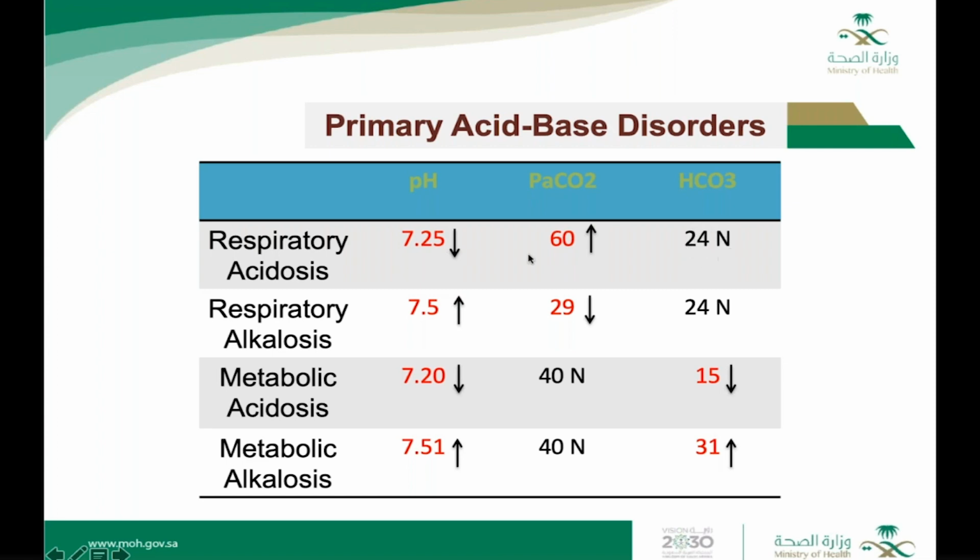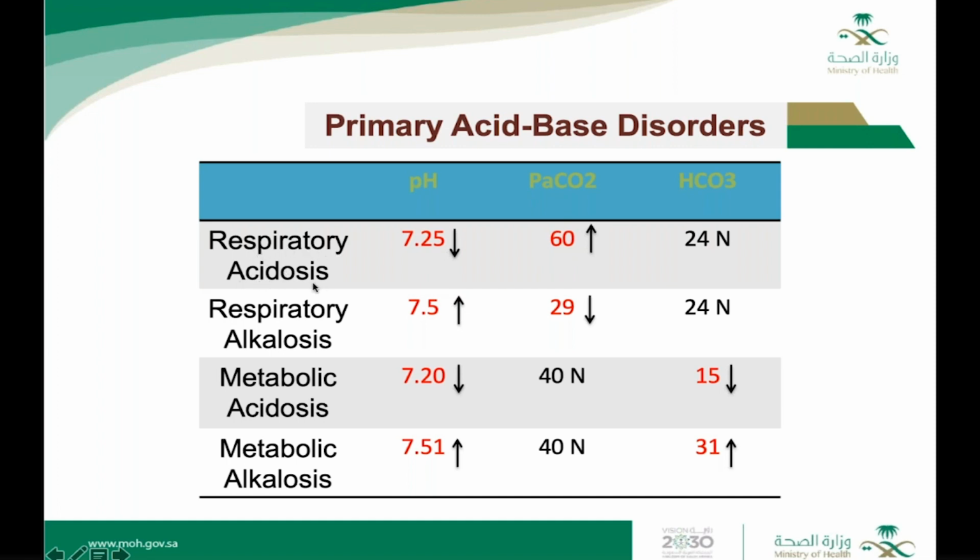Let's not concentrate on the bicarb in this example. Let's focus more on pH and CO2. So pH is low, CO2 is high. So the cause why the pH is low is the CO2. Since it's low, it's acidosis, so we call it respiratory acidosis.